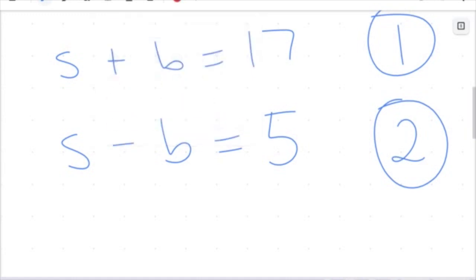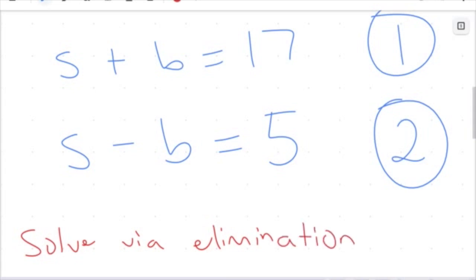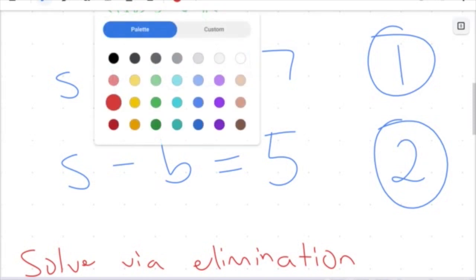Now, you guys can solve this however you'd like, and if you want to pause the video and have a go, but I'm going to solve this using elimination. So solve via elimination. Now, why have I chosen that? Because I have some pretty easy coefficients that I'm working with here.